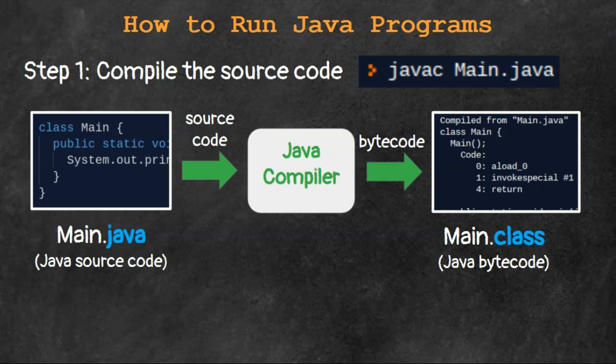It doesn't understand the code in the main.java file. Compiling Java code translates it from one language, Java source code, to another, Java bytecode. As we saw earlier, the compiler puts the Java bytecode into a new file, which has the same name as our source code file, except with a .class extension.